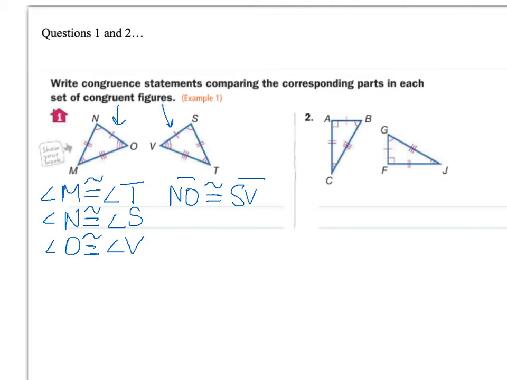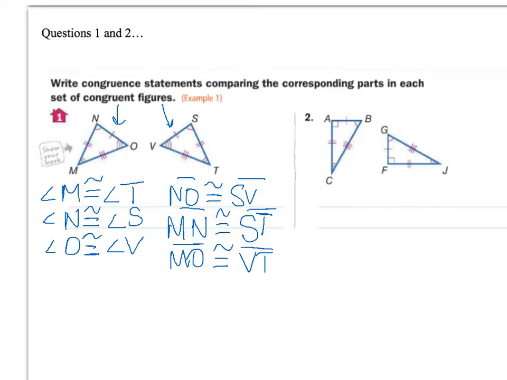And same with the 2 hash marks, side MN is congruent to ST. And MO is congruent to VT.